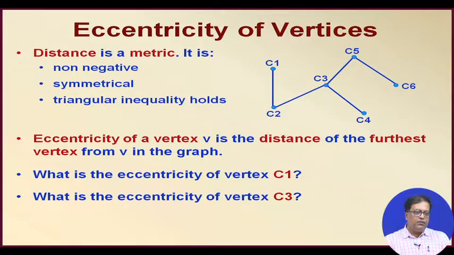One such concept is called the eccentricity of vertices, right. First of all, we must understand that there is something called distance. Distance is the length of the minimum path. Now, the question is whether it is a weighted graph or not a weighted graph.